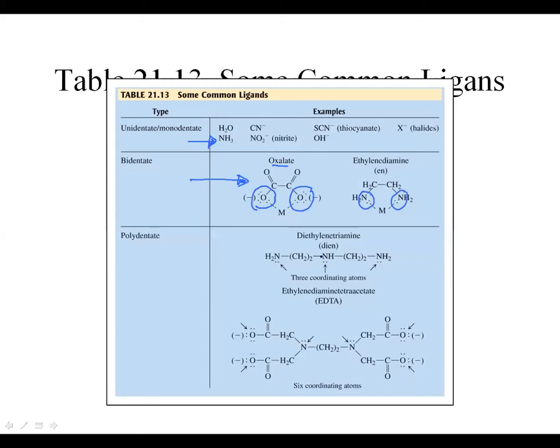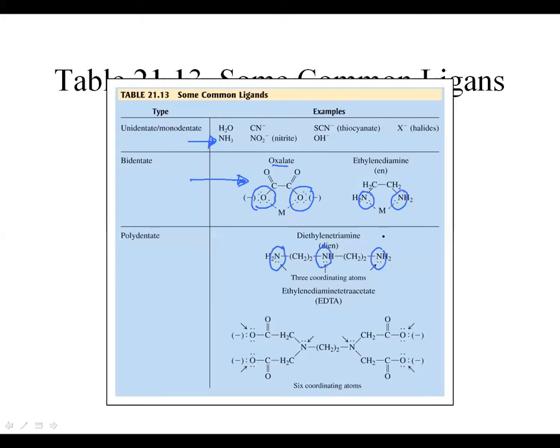This is diethylenetriamine, and this is a dien. This guy could actually attach 3 per molecule, 1, 2, and 3. So if you had 2 of those diens, you would have a coordination number of 6. If you had 1, you'd have a coordination number of 3, but you probably would have 2. And there's ethylenediamine tetraacetate, or tetraacetic acid, sometimes called, and that's our EDTA.